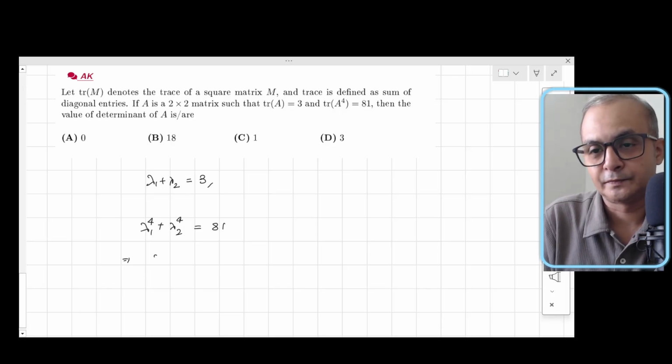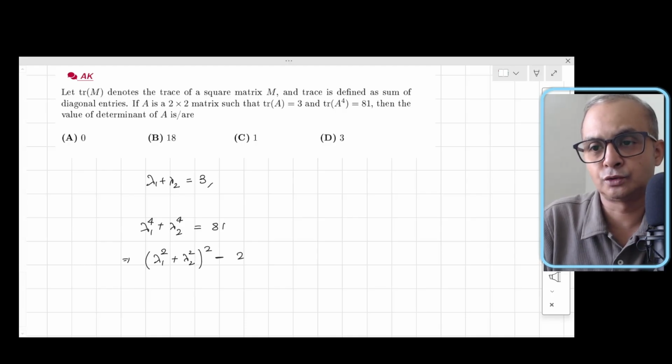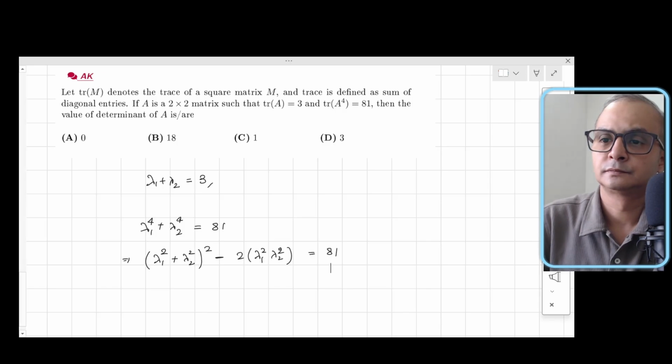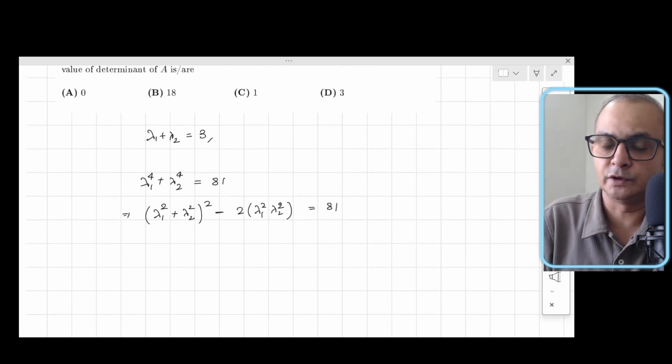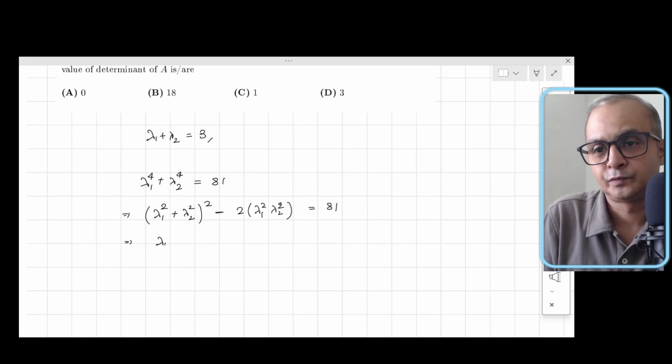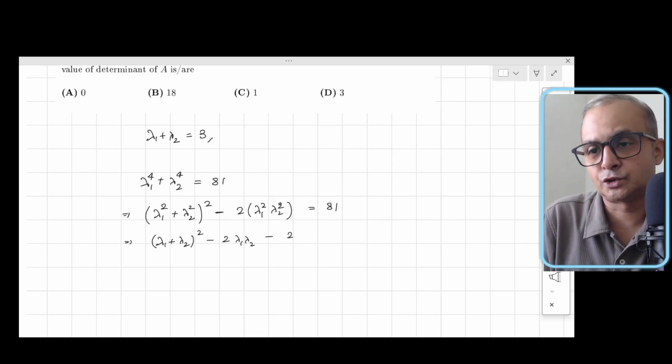This I can write as lambda 1 square plus lambda 2 square, the whole square, minus 2 lambda 1 square lambda 2 square. You notice I have to find this quantity. Now I can write lambda 1 plus lambda 2 the whole square minus 2 lambda 1 lambda 2, and this whole square, minus 2 lambda 1 lambda 2 the whole square, is equal to 81.